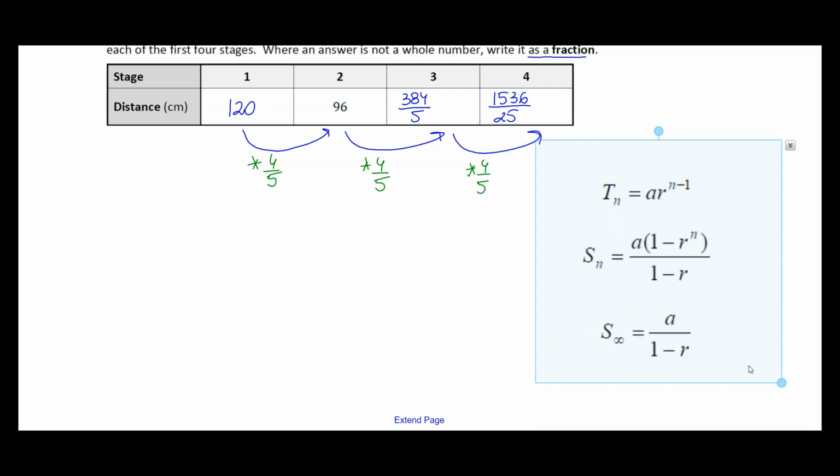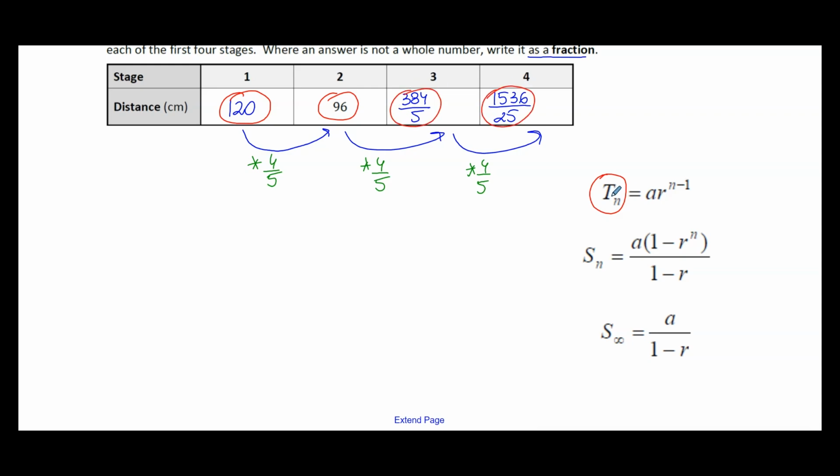What do they represent? So that is the term Tn. In this case, what is the term? What does this value represent? This is the distance traveled every time.